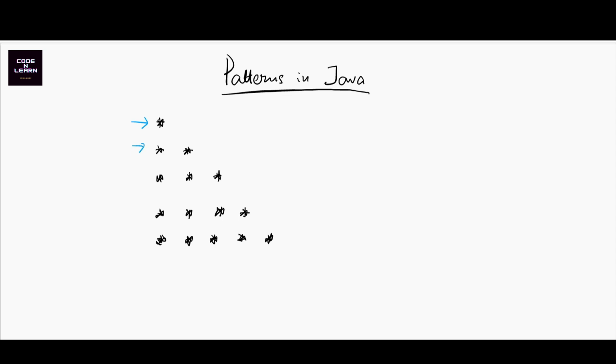In this video, we'll see how to draw patterns in Java. First, we'll see the star pattern. In this star pattern, as you can see, this is called a triangle pattern. You can see how many rows there are. The rows are pointed out with the blue lines.